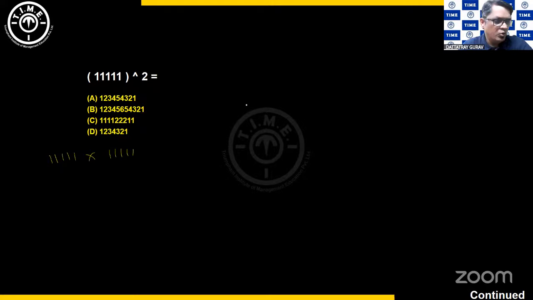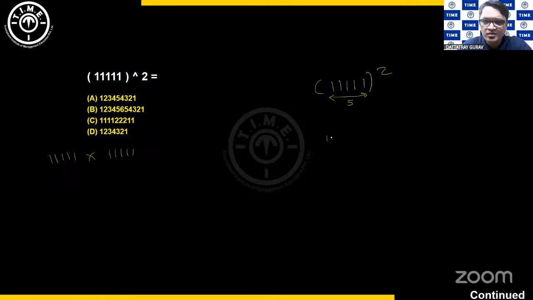Okay. Now to simplify this, what is the shortcut here? Please understand this method is applicable only for 1111, 5 times, 4 times doesn't matter. So 1 5 times raised to 2. Whenever singles are there, only 1s and no other digits, and I want to square, just count the number of singles here. How many singles are given here? It's 5.